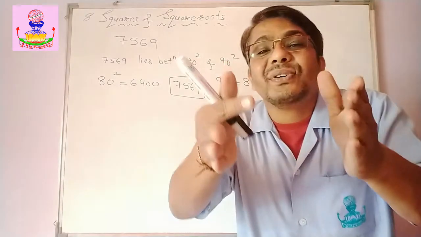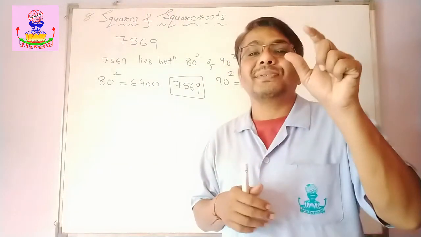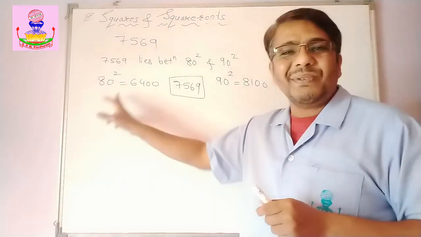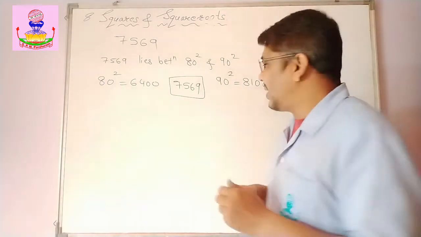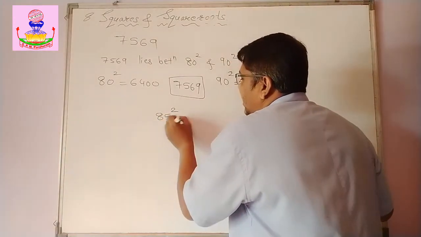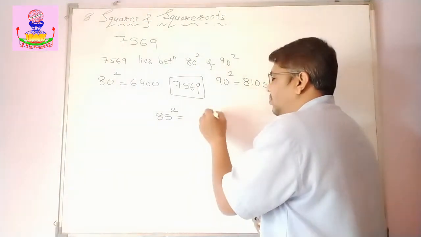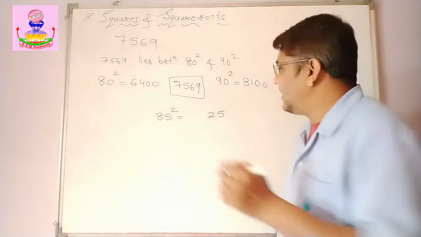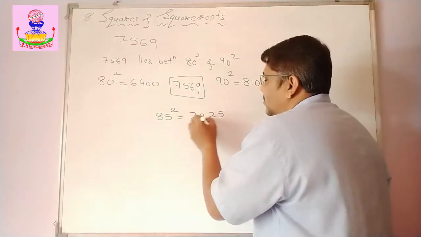Let us be more specific. Find out the square of 85, the middle number of 80 and 90. So what is 85 square? Square of 5 is 25. The next number to 8 is 9, and 8 9s are 72.